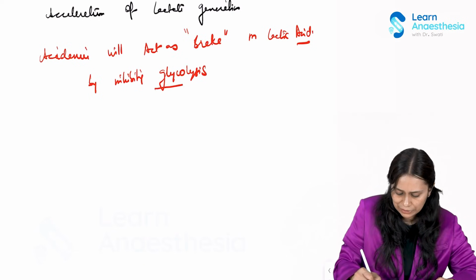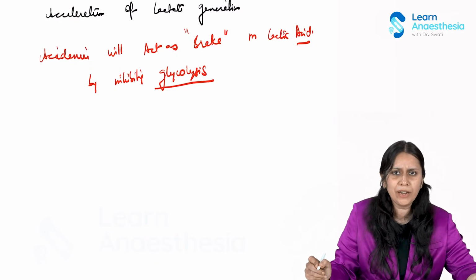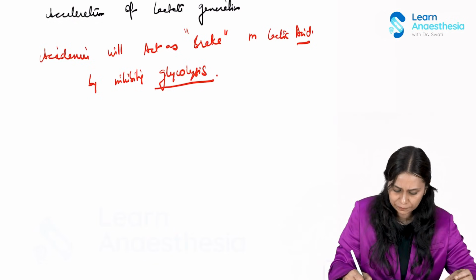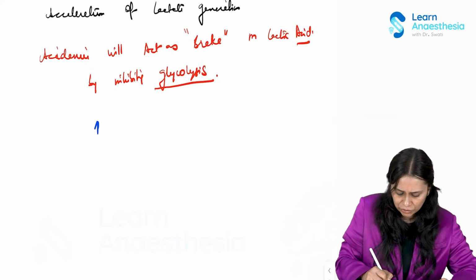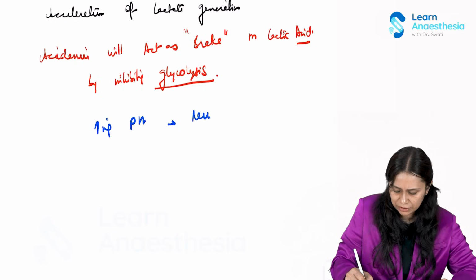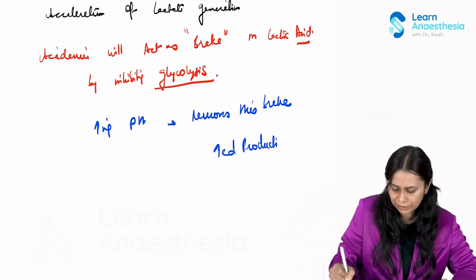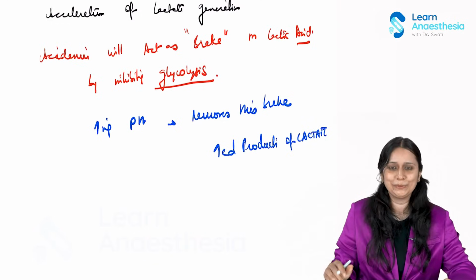And this is by its effect on the enzyme phosphofructokinase. Now increasing pH removes this brake, and this causes increased production of lactate. So this is another problem, right?